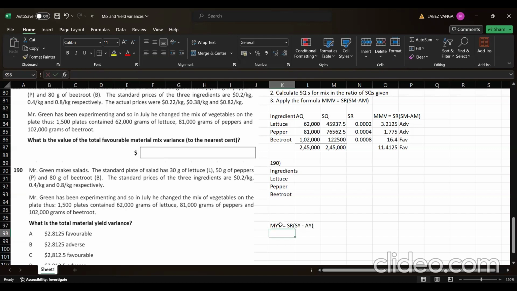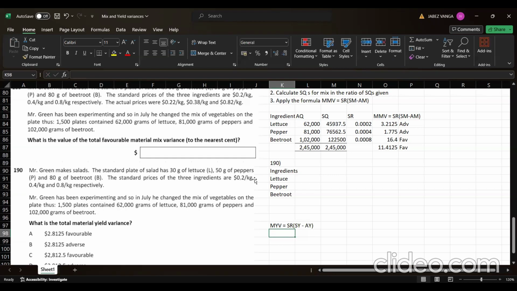So we do know that standard rate should be calculated based on the standard cost of making one plate. Here in this question, the standards are given per plate. So for one single plate, 30 grams of lettuce, 50 grams of pepper, and 80 grams of beetroot.